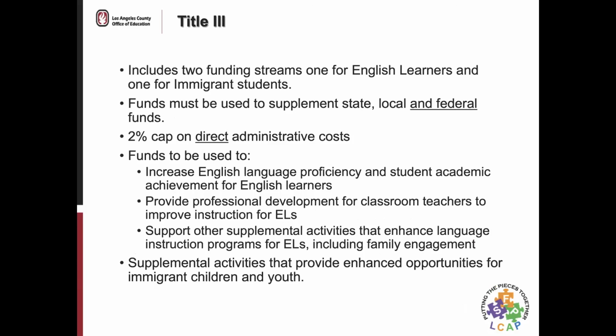There is actually no cap for immigrant, but CDE applies the 2% as reasonable and necessary under that clause. The uses of funds are language proficiency, professional development, family engagement, and supplemental activities that enhance and support immigrant youth and students.